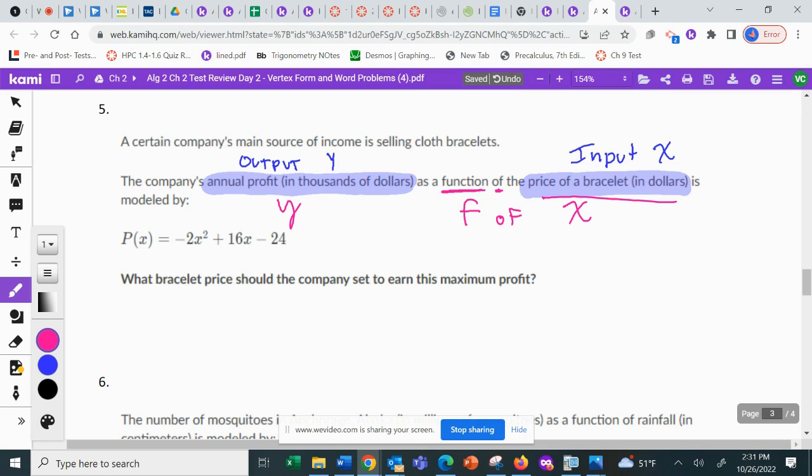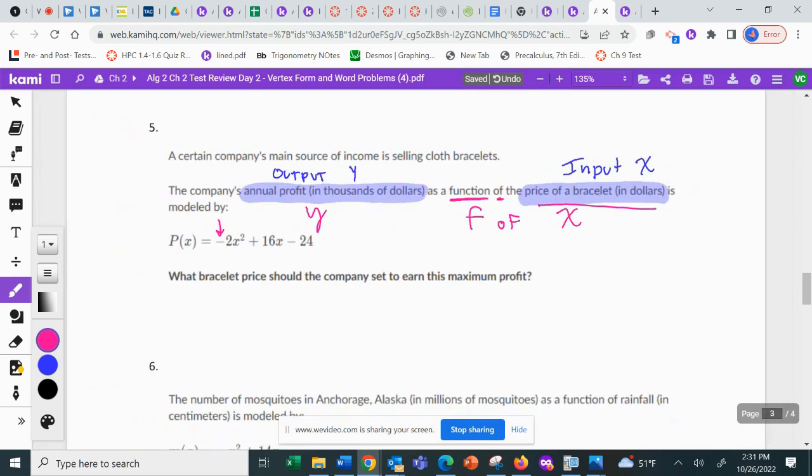Okay. The question is, what bracelet price should the company set to earn this maximum profit? I'm looking at my equation and I notice it starts with a -2. What does that tell me about the picture if I were to graph it? We've got a reflection, right?